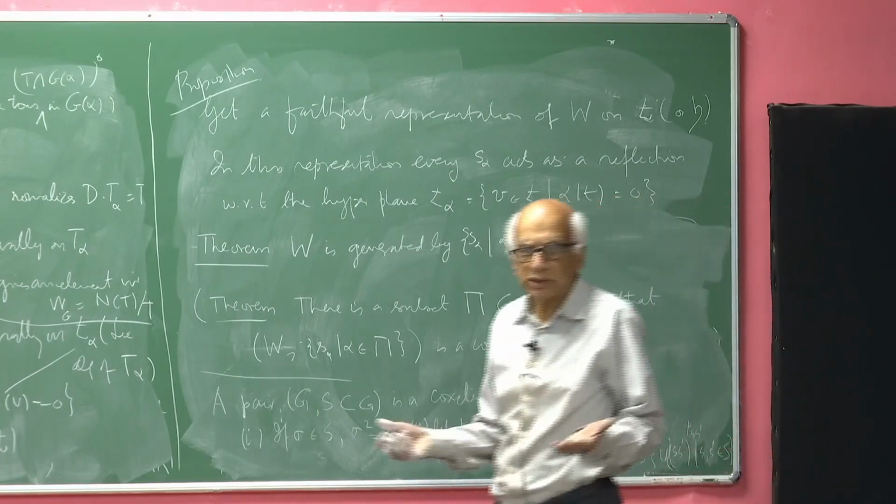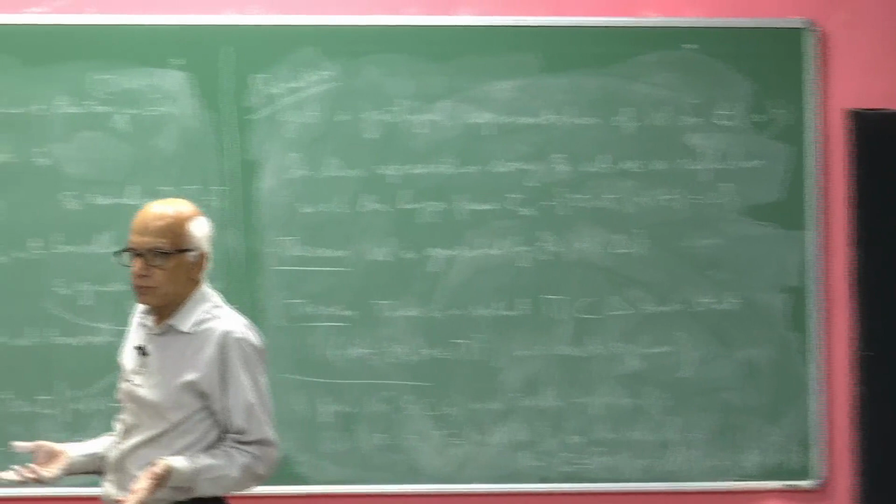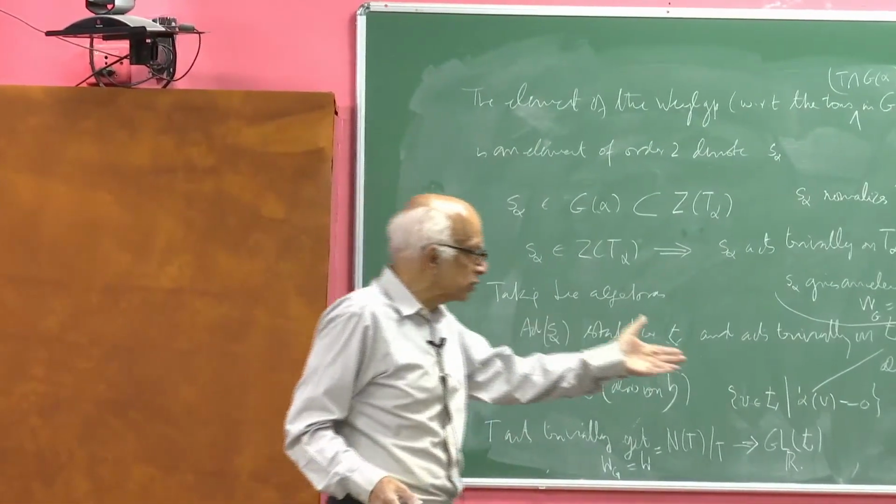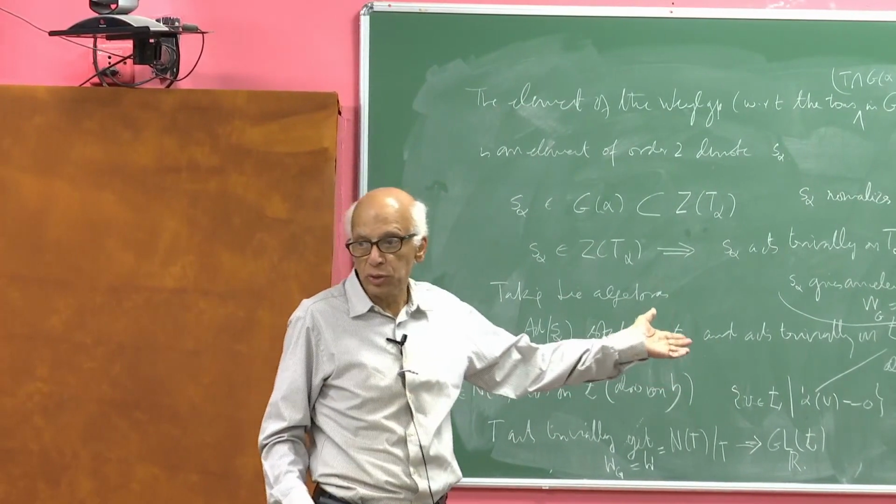So generators and relations are given to you. If you have that, you call it a Coxeter system, and G itself is called a Coxeter group.